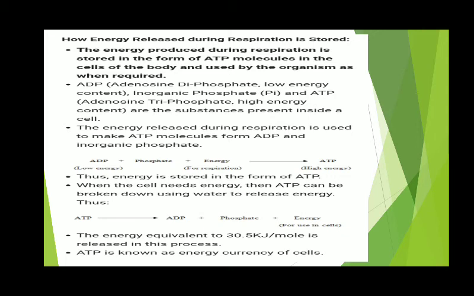And how much energy does one ATP molecule store? One ATP molecule stores 30.5 kilojoules of energy. This means 30.5 kilojoules of energy is released during this process. And remember, ATP is also known as the energy currency of our cell.